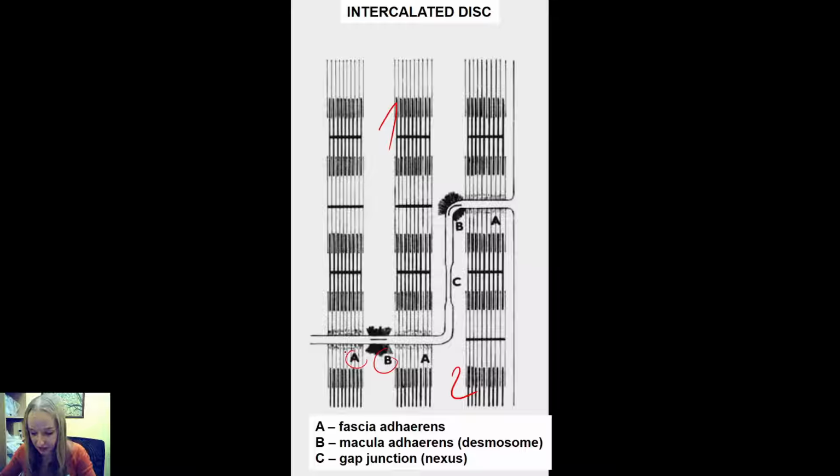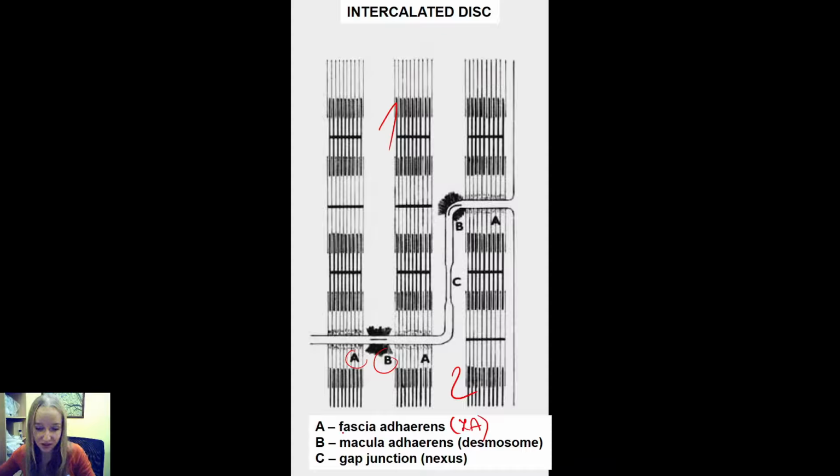What's happening here is that the cross sections are made of fascia adherens, which is very similar to a structure you already know from epithelial tissue, the zonula adherens. Similar proteins are here. You don't need to know differences.